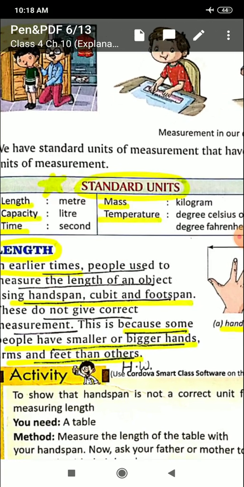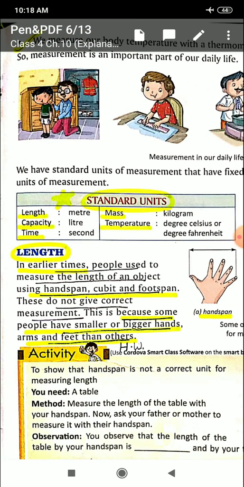So these are the standard or fixed units to measure different things. Meter is the standard unit to measure length. Capacity, liter. Time, second. Mass, kilogram. Temperature, degree Celsius or degree Fahrenheit.